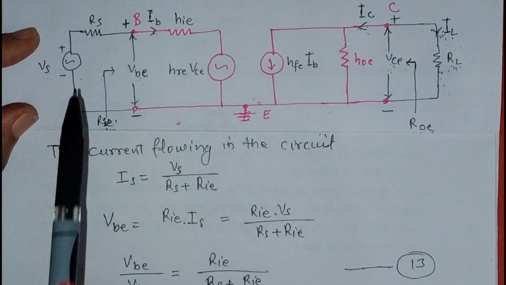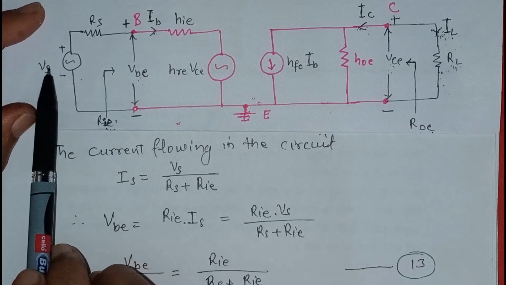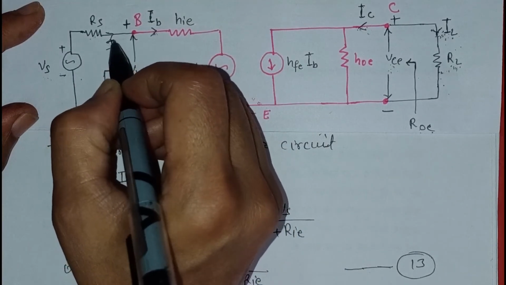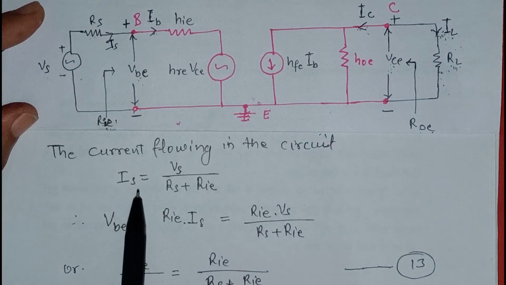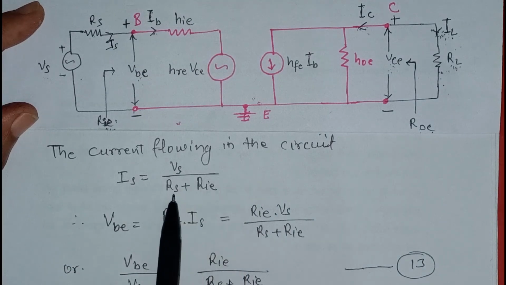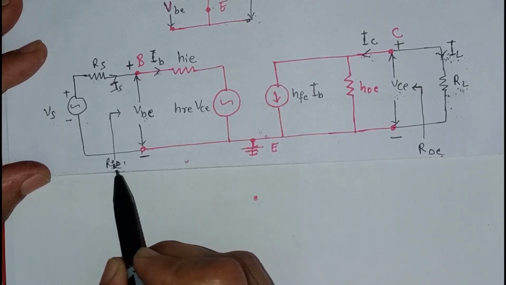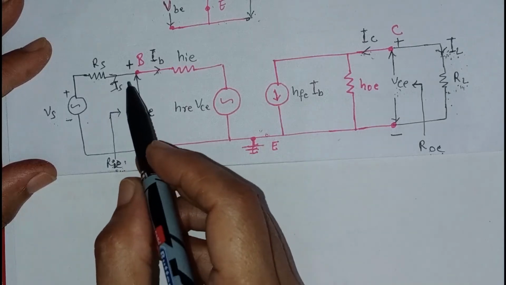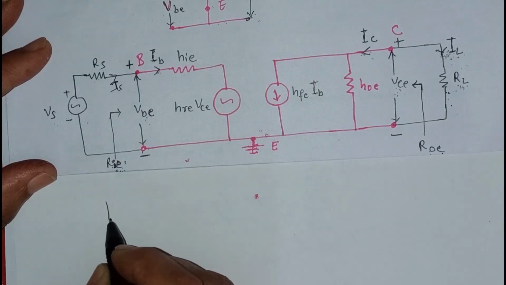Now we can see that due to this voltage VS, the current flowing in the circuit will be IS. So IS will be equal to VS upon RS plus RIE. As we know, RIE is the overall input impedance of this circuit. So we can redraw this circuit like this.